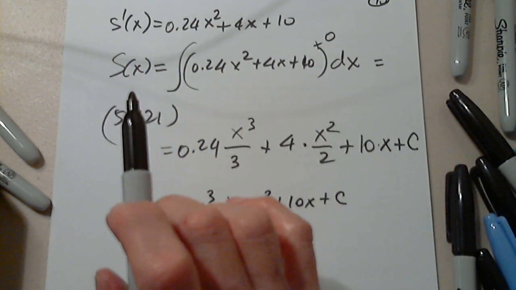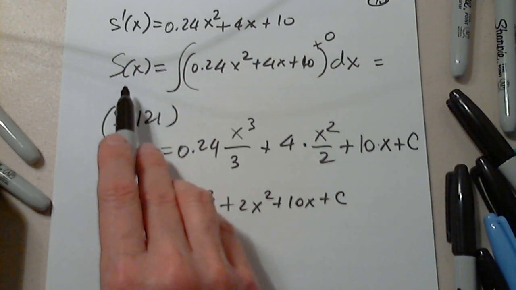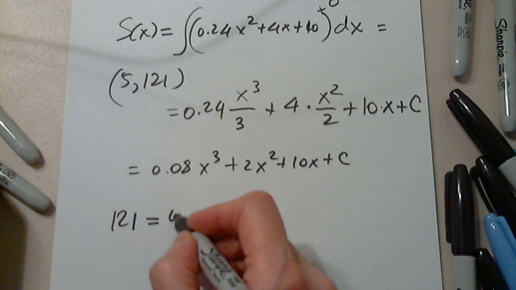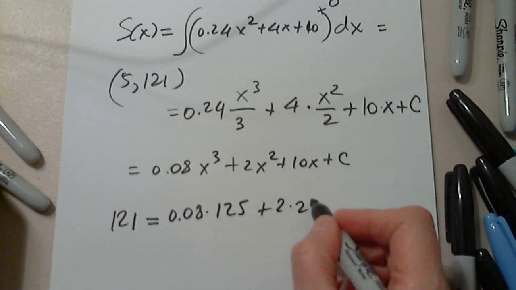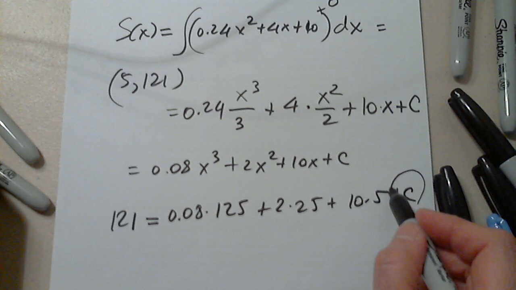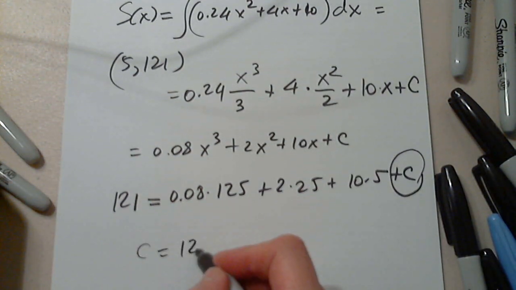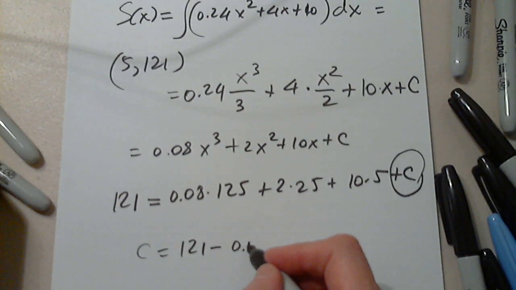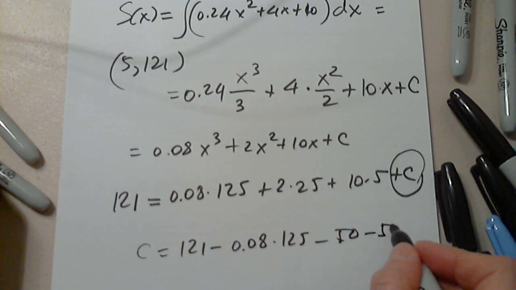And now I am told that the function is 121 when x is 5. So 121 equals, when x is 5, 0.08 times 125 plus 2 times 25 plus 10 times 5 plus c. From here I will determine c. So c is 121 minus this, minus this, minus this. 0.08 times 125, minus 50 and minus 50 again.